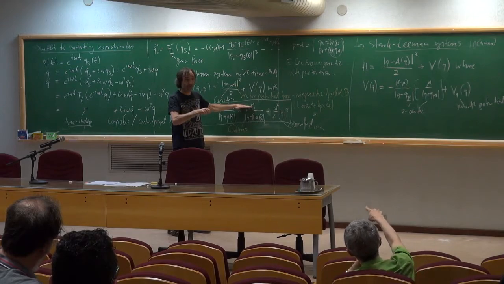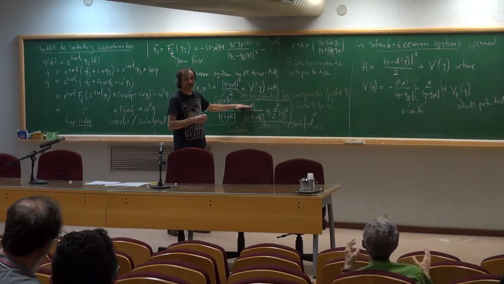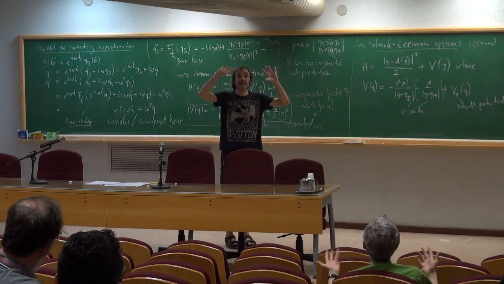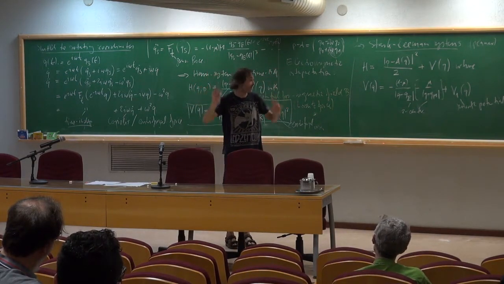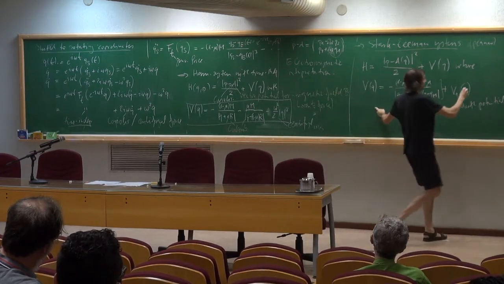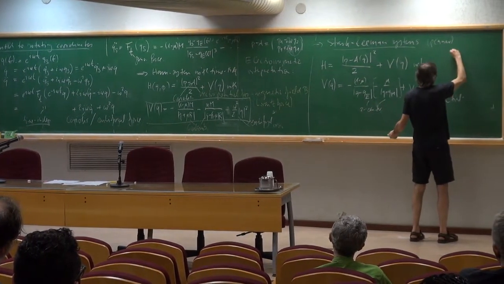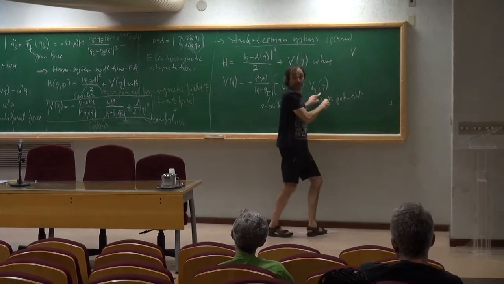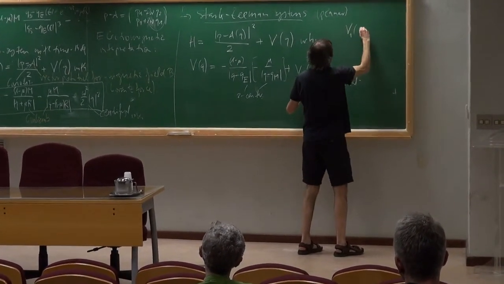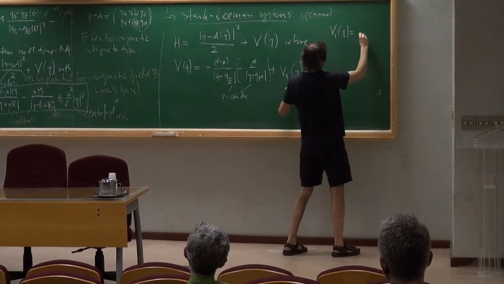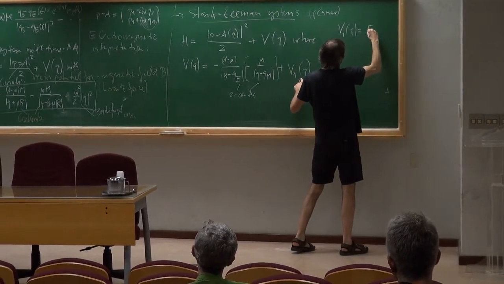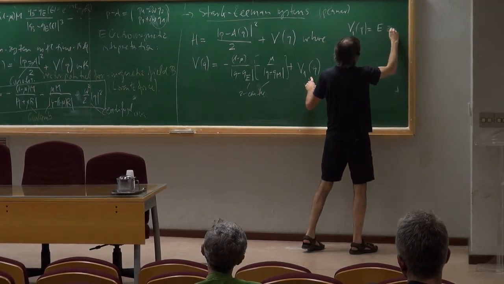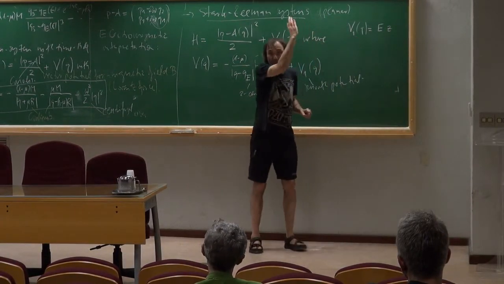Yes, but to go to Stark, Stark had a constant field. So in the Stark system you would have an electric potential in the smooth part, which would be the field strength times the z coordinate.